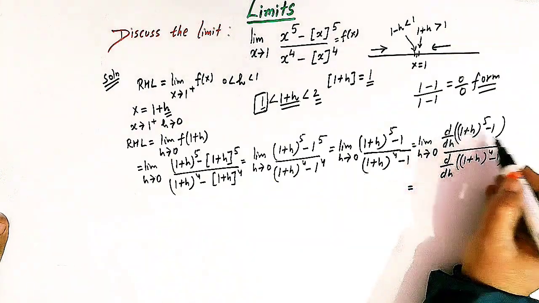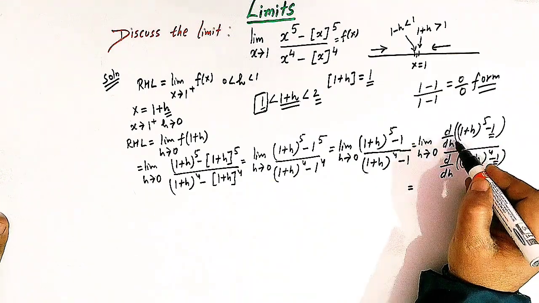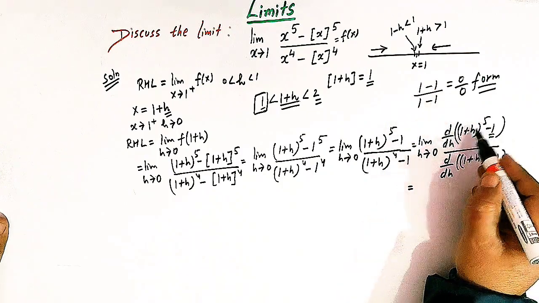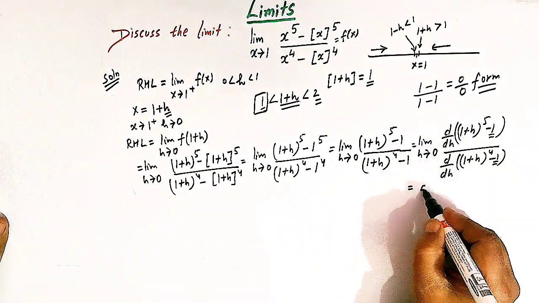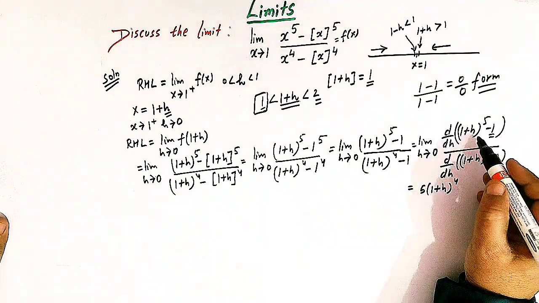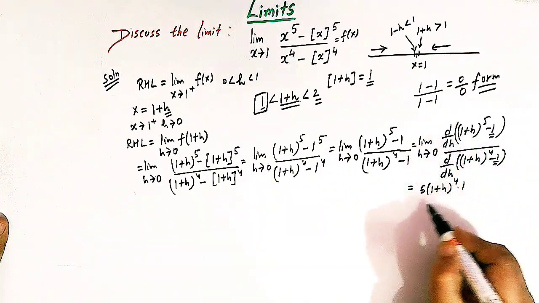Okay, so now the derivative of 1 is 0. Here also the derivative of 1 is 0. So the derivative of 1 plus h raised to 5, by making use of the power rule for differentiation, we have 5 times 1 plus h raised to 4, right? And by chain rule, the derivative of 1 plus h is simply 1.